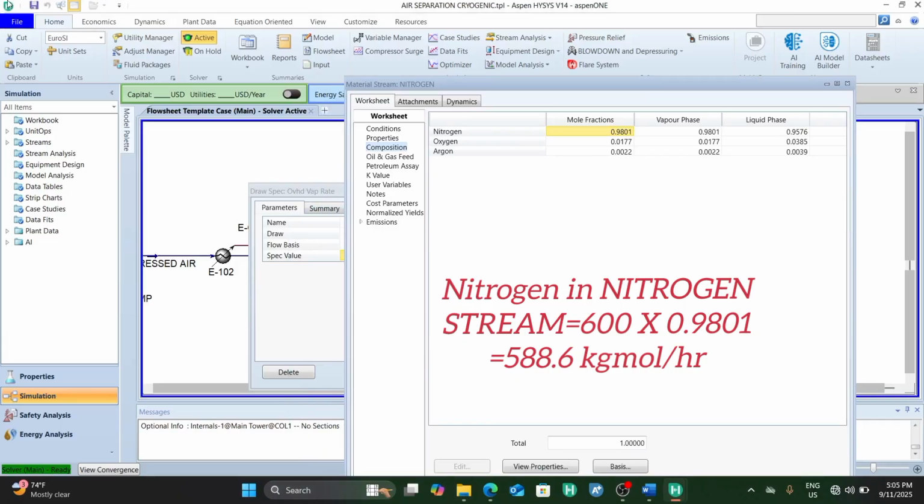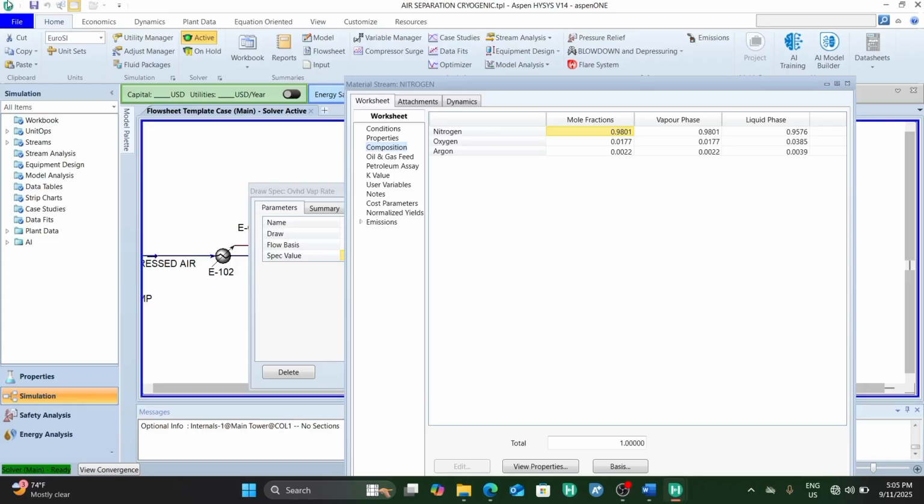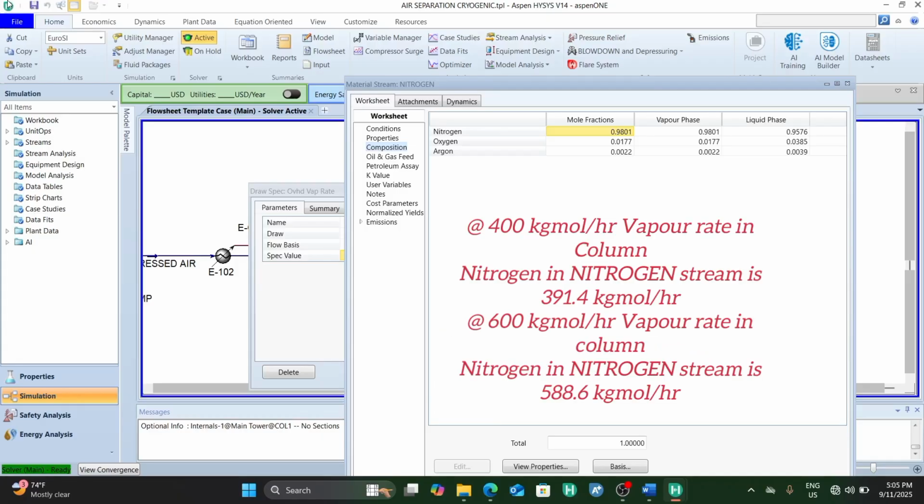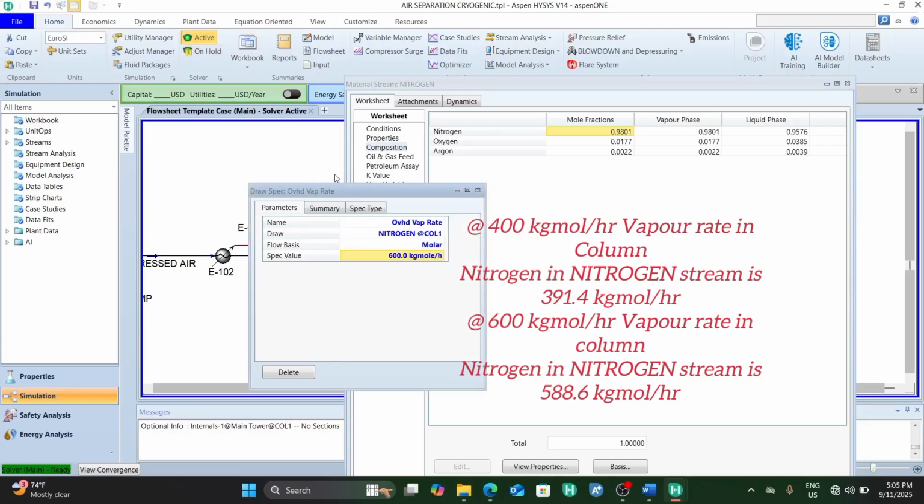So we multiply 0.9801 times 600, and that's 588.6. So we previously had 391.4 when we were working with 400 kilogram mole per hour. We pushed that up to 600, and we're currently having for nitrogen 588.6.